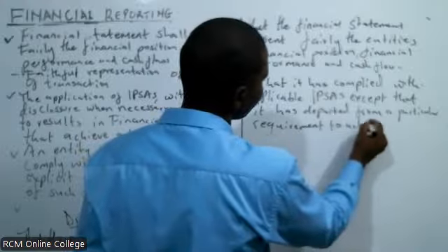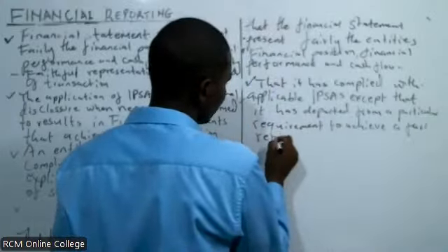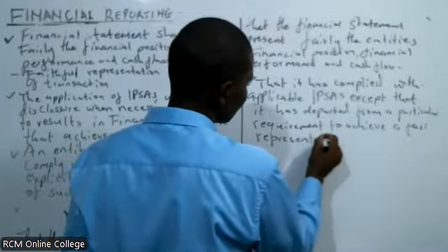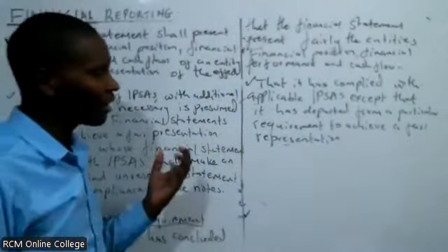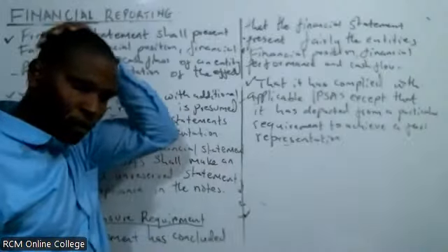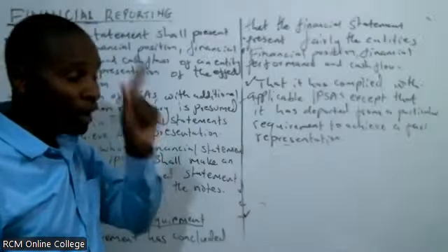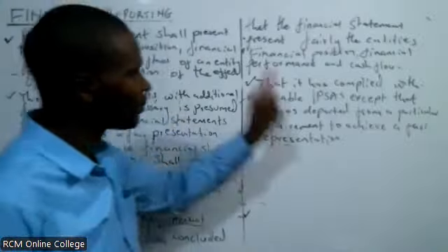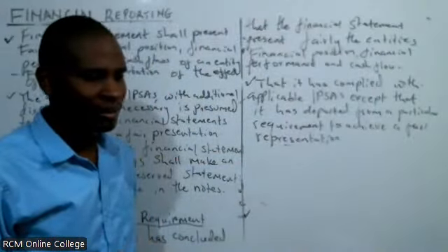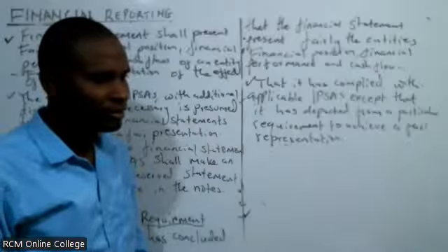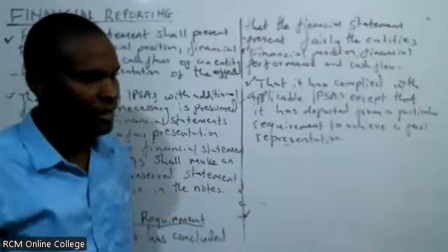So this disclosure, class, is just trying to indicate that the company is complying with what is required, to an extent that they depart from a particular requirement which could have manipulated or distorted the fair representation.